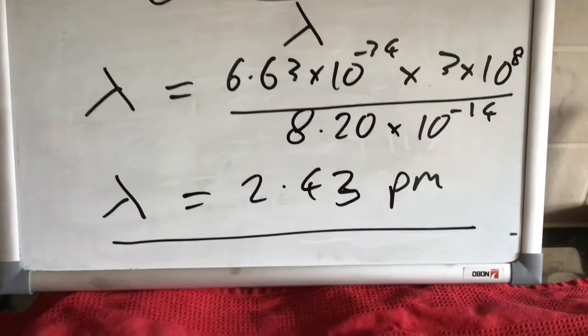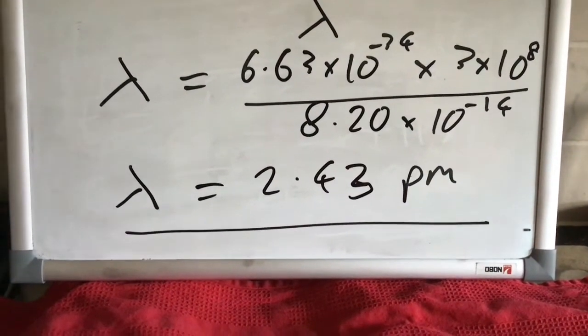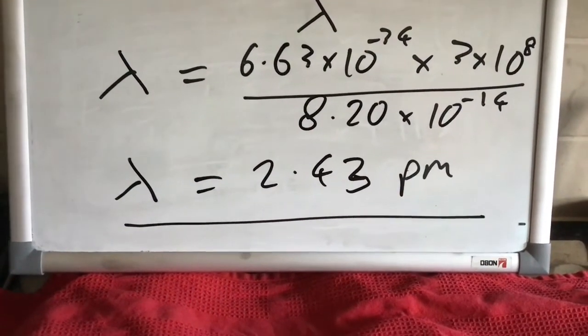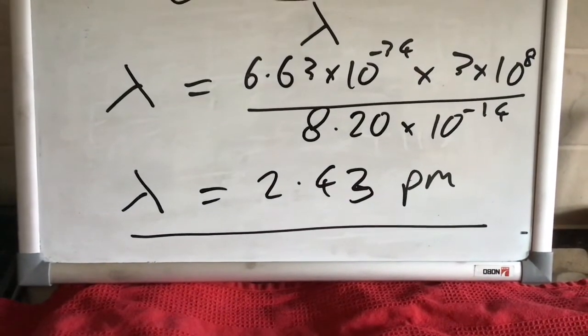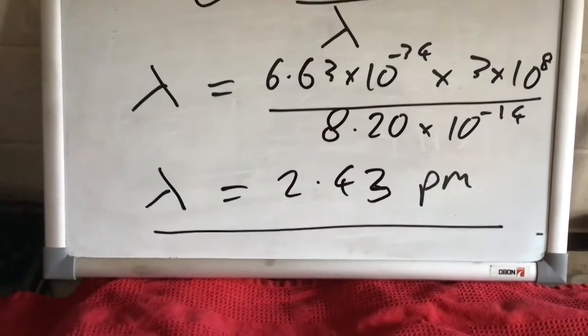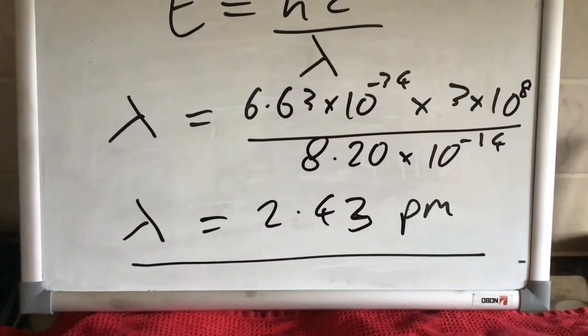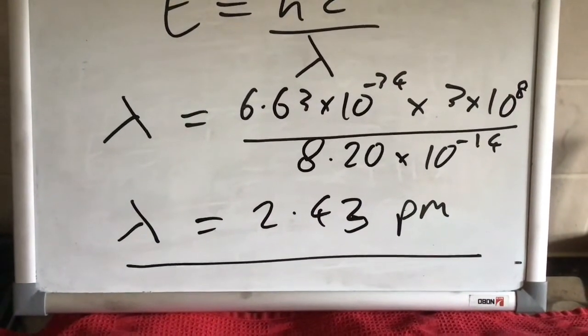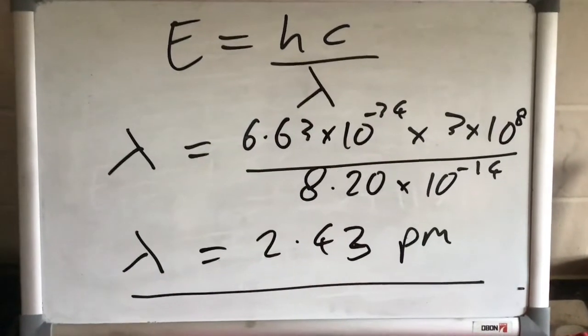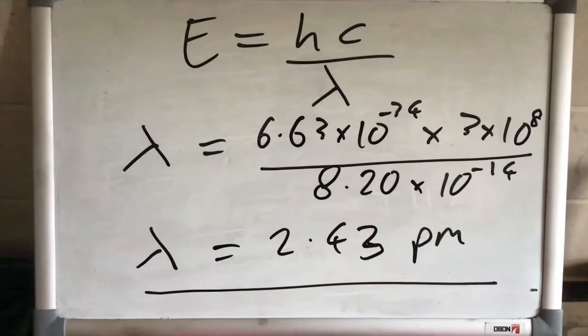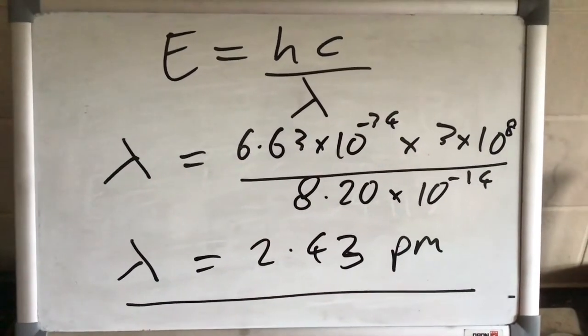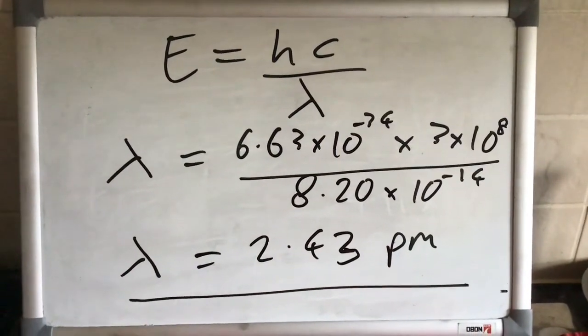With a wavelength in the region of picometers, this is roughly the width of a nucleus, so we're well into the gamma region of the electromagnetic spectrum by the time we get to this number. So there we go, that is a PET scan and the way in which gamma radiation is released by a positron emitting isotope.